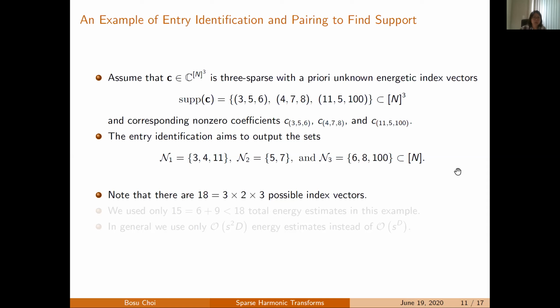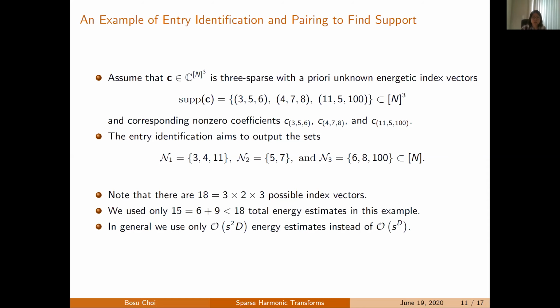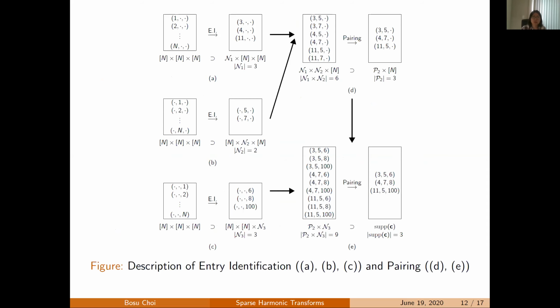However, instead of searching over all these 18 index vectors, we only search over 15 index vectors to make our algorithm faster. And in general, we reduce S to the D possible index vector energy estimations to S squared times D energy estimations. So how we do that is in the next slide.